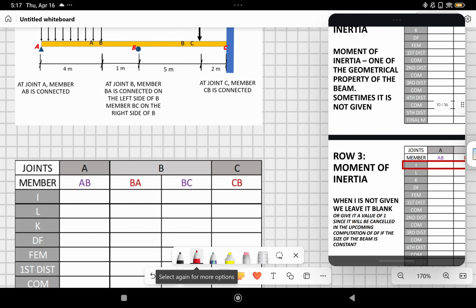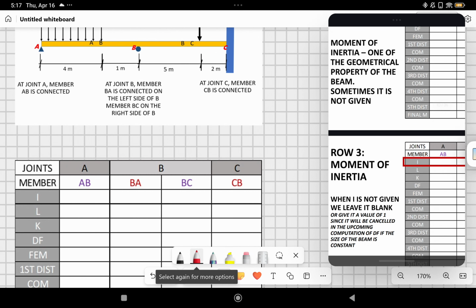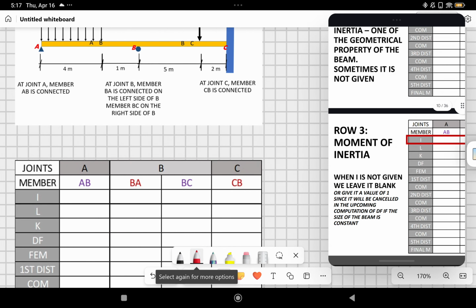So when I is not given, we leave it blank, or sometimes if it is constant, we can give it a value of 1, because in the upcoming computations, the variable I will cancel out. So we can just give it a value of 1 if I is constant. In this case, let me leave it blank.